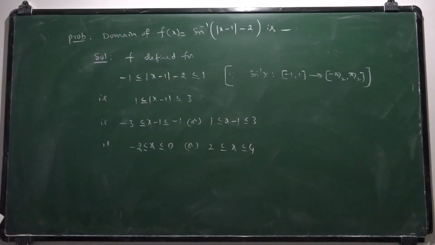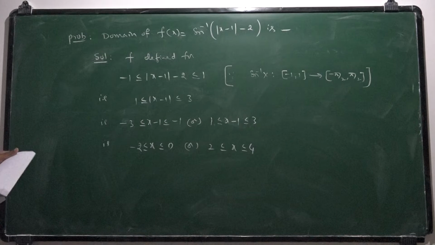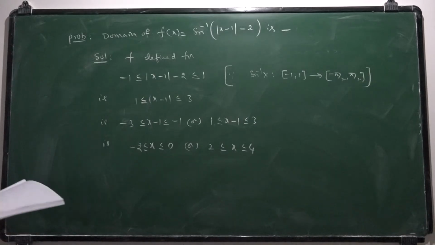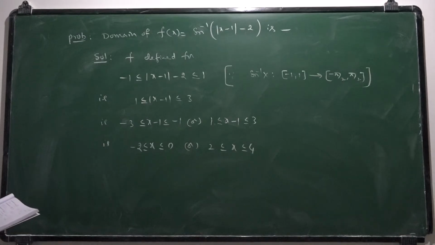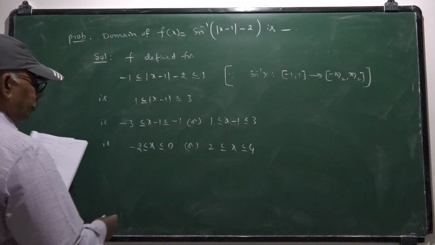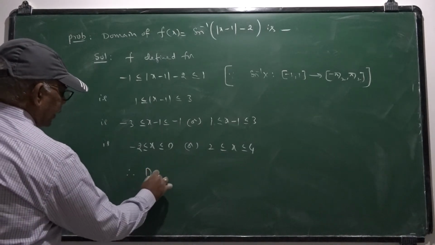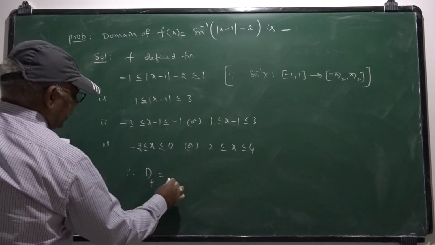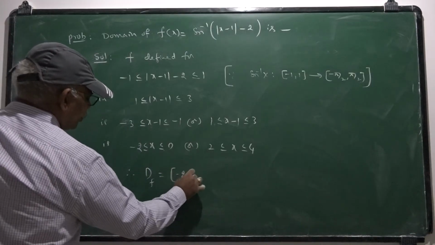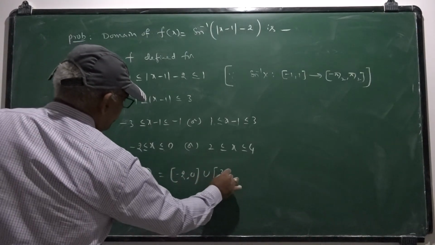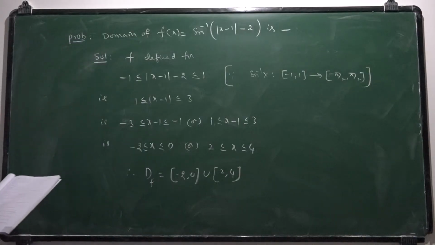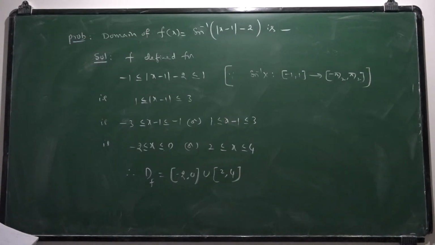So x lies between either 2 and 4 or minus 2 and 0. So the domain of the function is, therefore, the union, hence minus 2 to 0, union 2 to 4 itself.